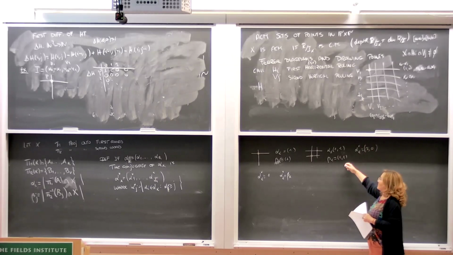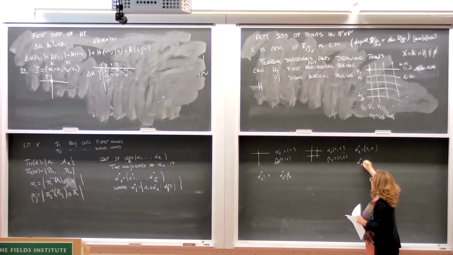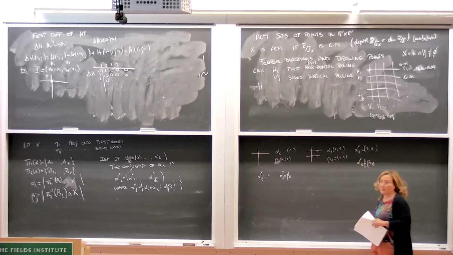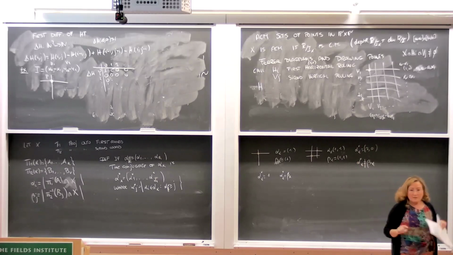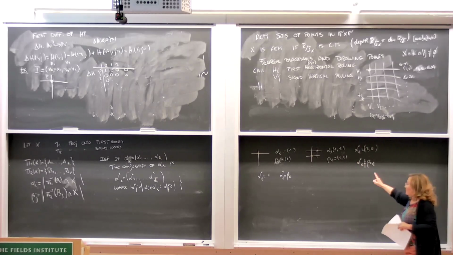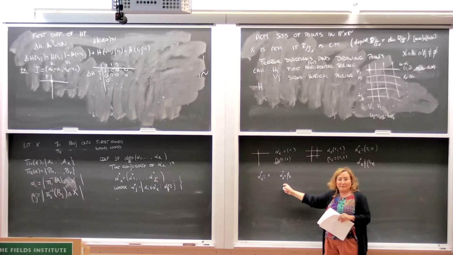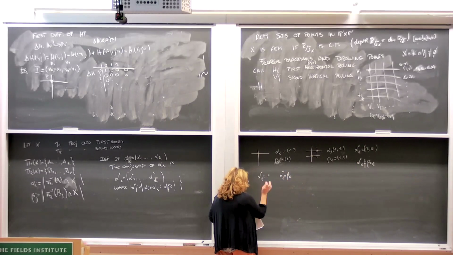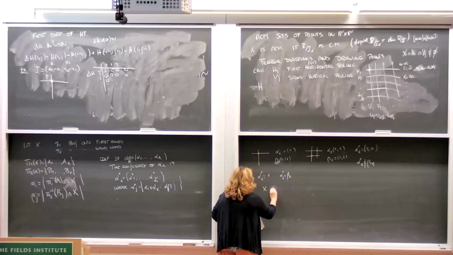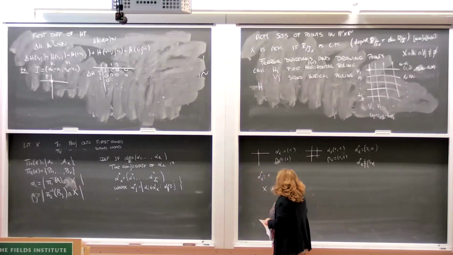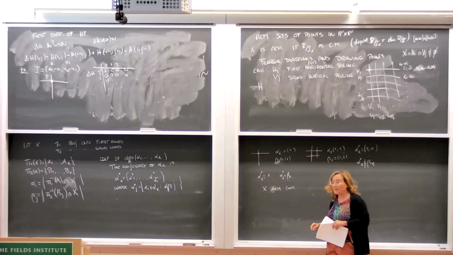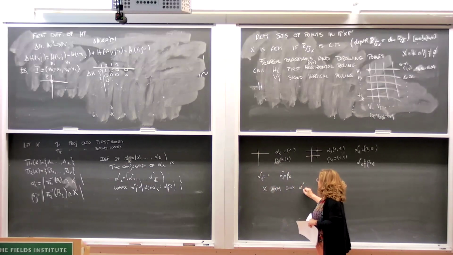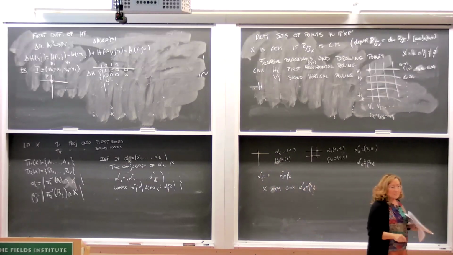So this is 2, and we see that alpha star of X is different from beta of X. This is a combinatorial description: one of the equivalent conditions is that X is arithmetically Cohen-Macaulay if and only if alpha star of X is equal to beta of X.